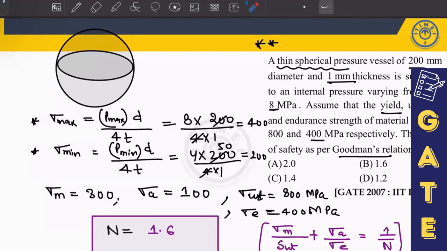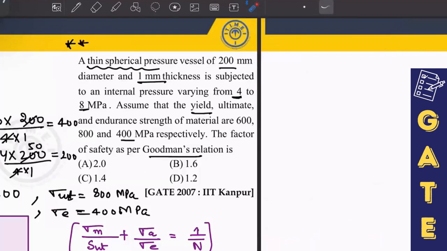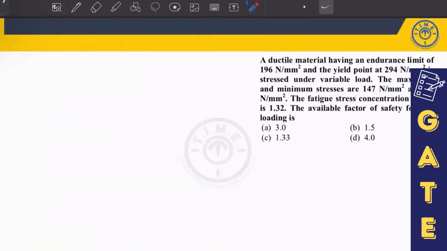This problem is clear to everyone? Fine. So let's see this question.